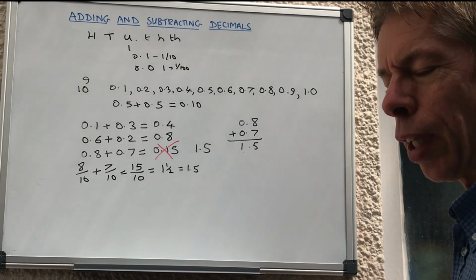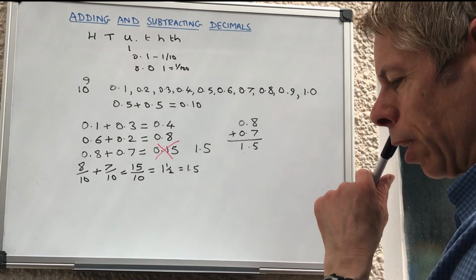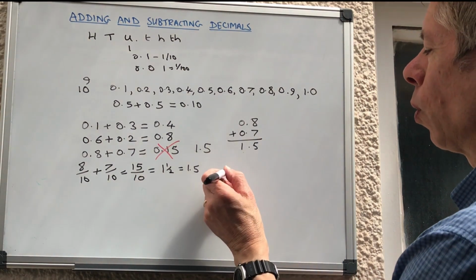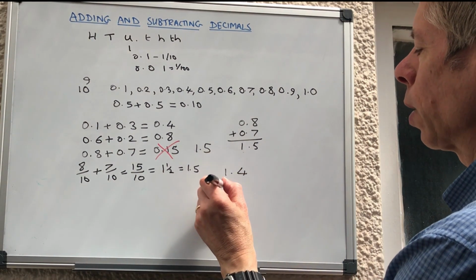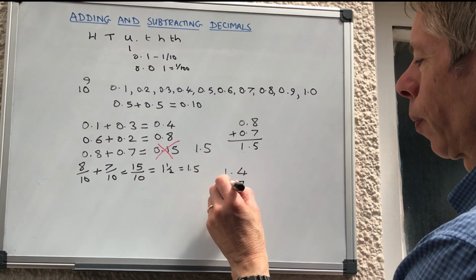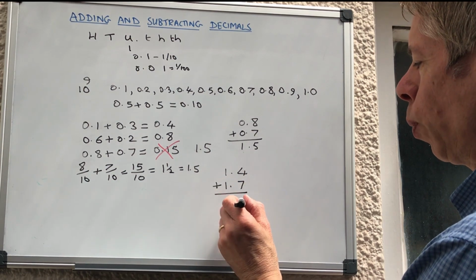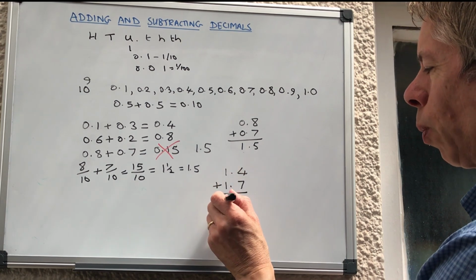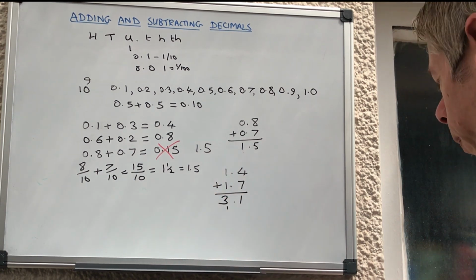As you improve, you won't need to do that, but when you're starting out with adding decimals, that's what I would do. So 1.4 plus 1.7 will give you, so 4 plus 7, 11, put a 1 there. 1 plus 1 is 2, plus 1 is 3, so 3.1.